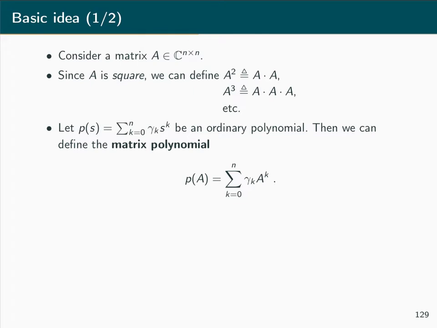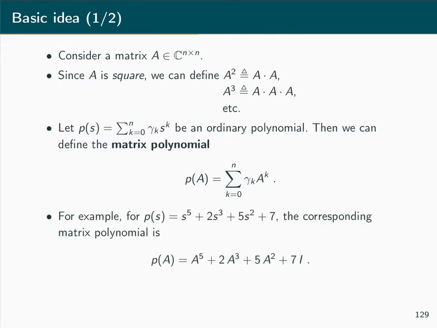Then we can define a corresponding matrix polynomial called P of A, where we just replace the powers of the scalar variable s with the powers of the matrix A. This is really not very complicated.